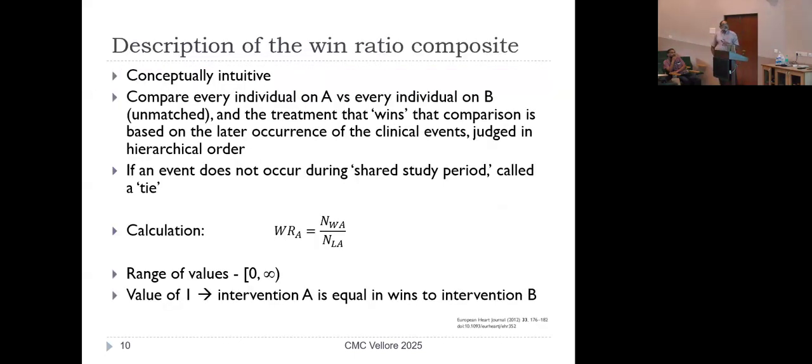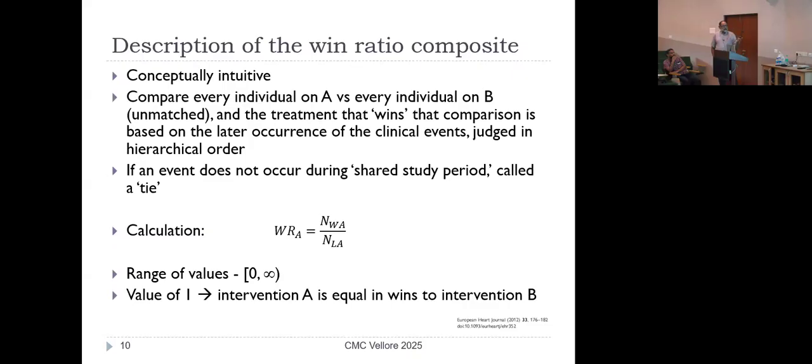Now, because many people may not know what the win ratio is, just to mention what it is. If you have many things that may be important, but you know an order for it, you compare everybody in one arm to everybody in the other arm, and you see how many times the intervention won, and how many times the control arm won, and you just take the ratio of wins to losses, in that sense.